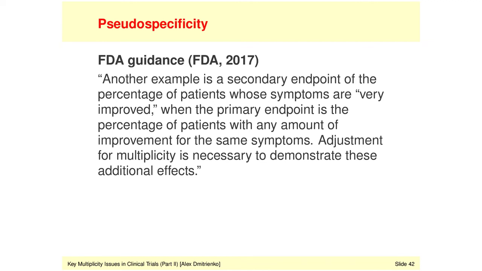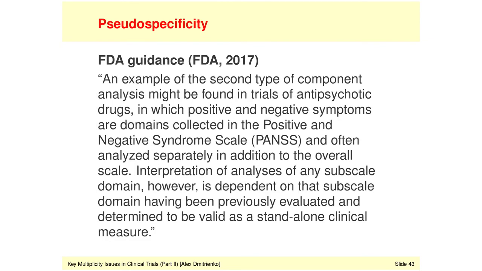And of course, the sponsor needs to pre-specify a valid multiplicity adjustment to be able to include those secondary endpoints in the product label. Another potentially relevant statement is from section 3D of the FDA's guidance on multiple endpoints.